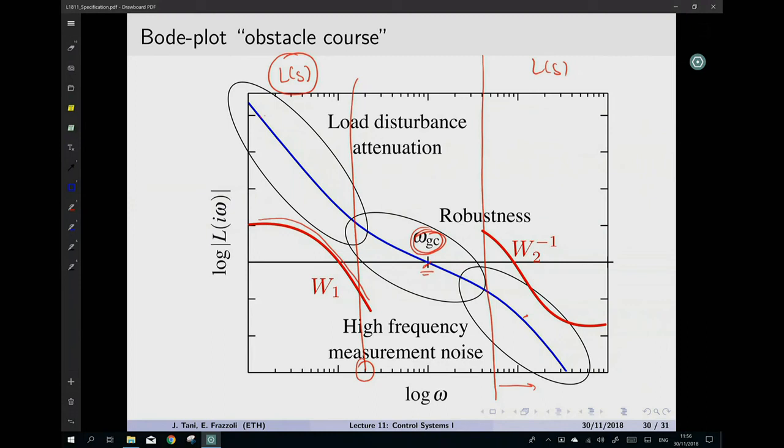We can maybe go through this again next time, but the most important thing to say is that basically we could finish the course here, because everything that we're going to do later is just ways to shape the frequency domain response in order to avoid these different obstacles at different frequencies, because that is what determines the performance, the stability, and the robustness of a closed loop system. Thank you very much.